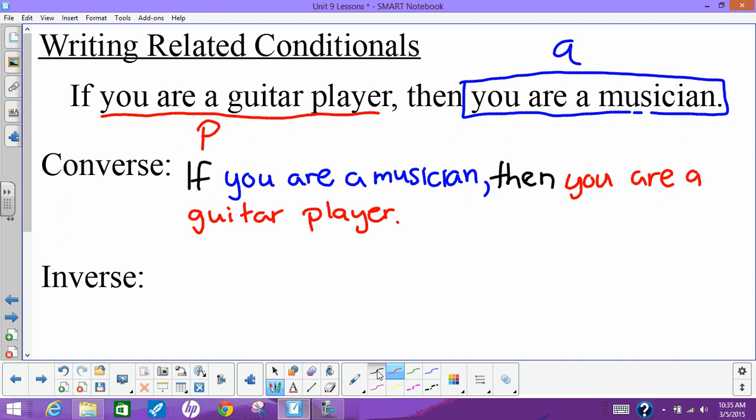To do the inverse, we're going to keep them in the same location. So you are a guitar player is going to stay in the same spot. You are a musician is going to stay in the same spot it originally was. And we're just going to negate those statements. So the negation of you are a guitar player would be you are not a guitar player.